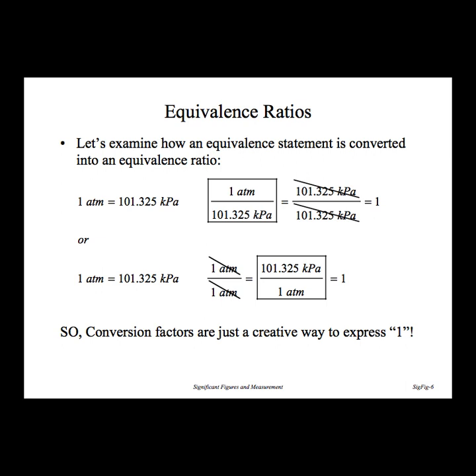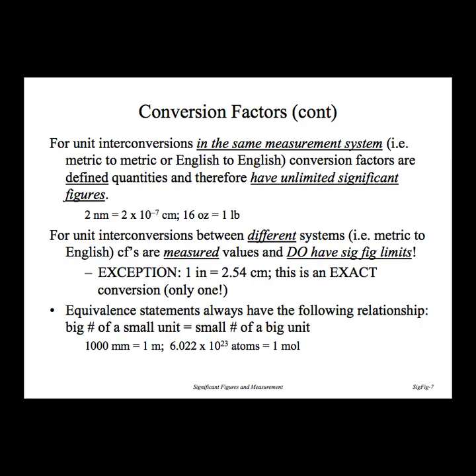For unit conversions in the same measurement system, i.e. from metric to metric or English to English, conversion factors are defined quantities and therefore have unlimited numbers of significant figures. So for example, converting 2 nanometers to centimeters, 2 nanometers is equal to 2 times 10 to the minus 7 centimeters.